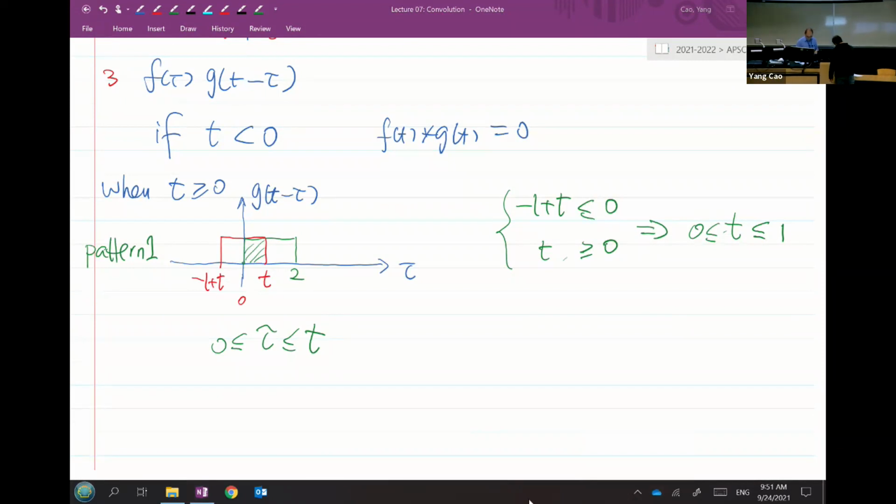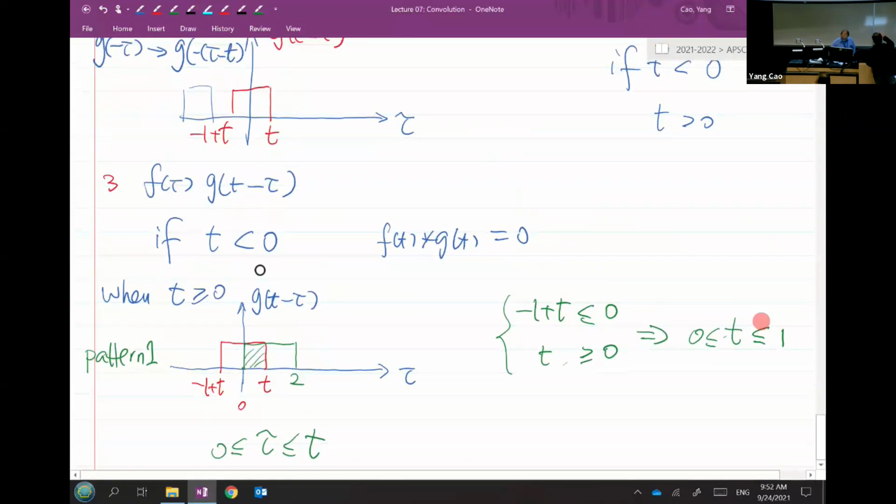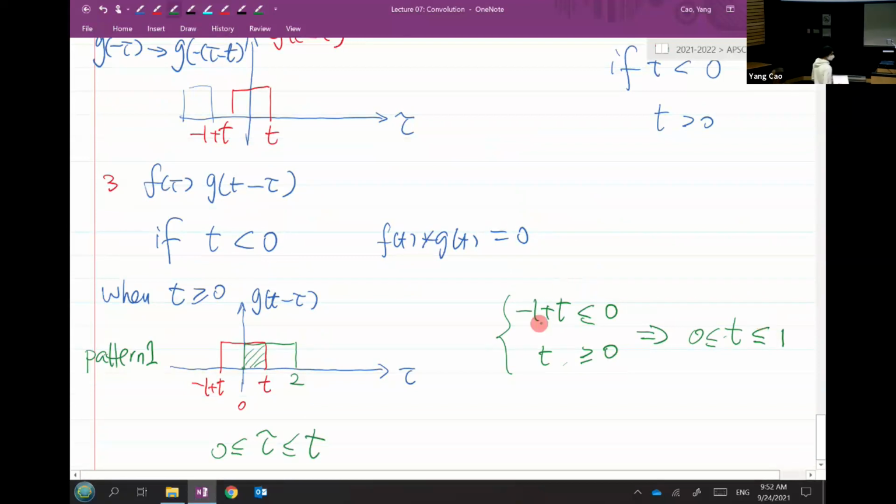Why did we say -1 plus t smaller than 0? You mean this one here? Yes.